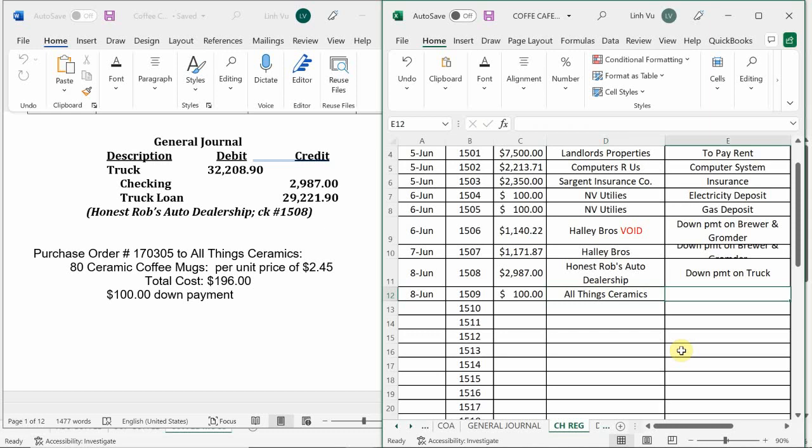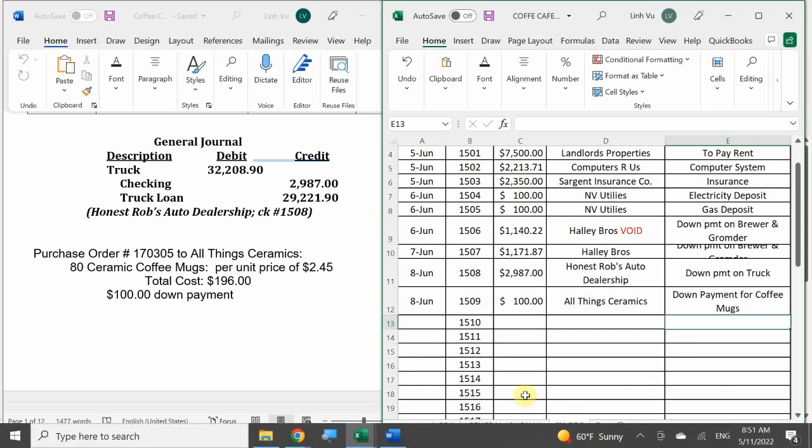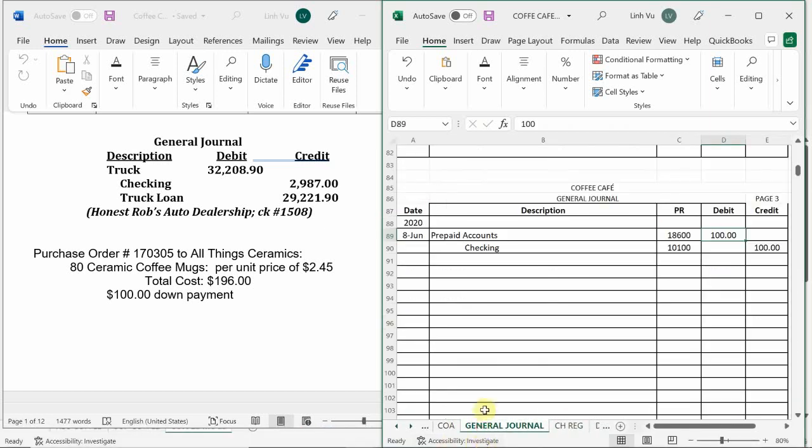Okay, we made a down payment for coffee mugs. So we wrote a check for 1509. Okay, so we have everything that we need, right? We have the vendor, All Things Ceramics.